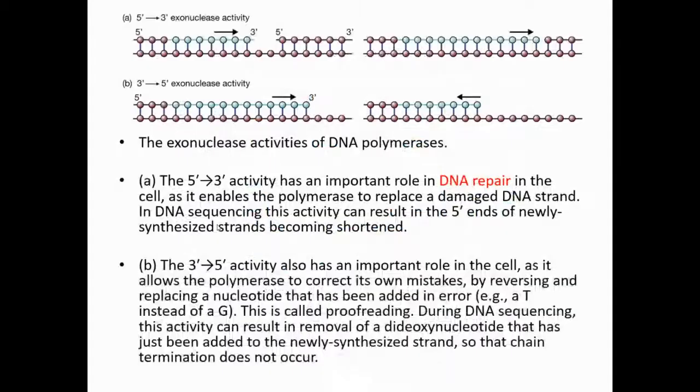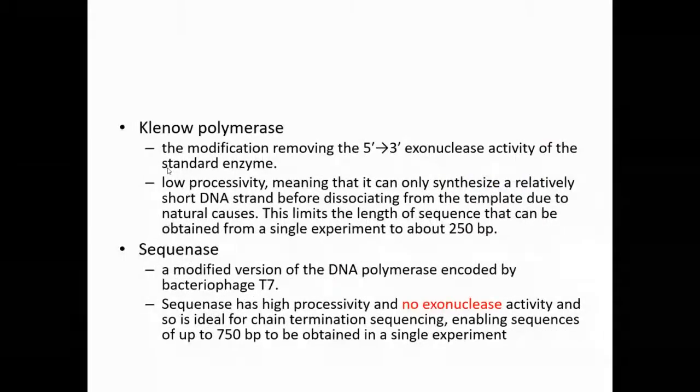For the DNA synthesis during the sequencing reaction, you basically need a DNA polymerase. Basically you use the Klenow polymerase, which does not have the 5' to 3' exonuclease activity.